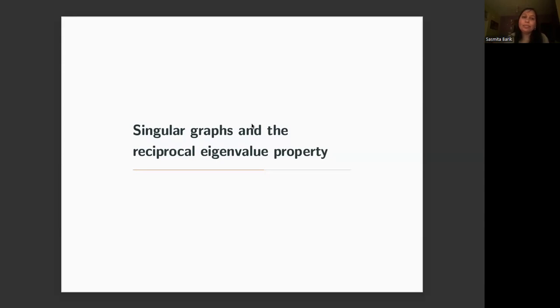But if I look at singular graphs, zeros are allowed, so some 0 eigenvalues will be there. Then we look at the non-zero eigenvalues and leave aside the 0 eigenvalues. Whether those non-zero eigenvalues satisfy property R or SR is the question.